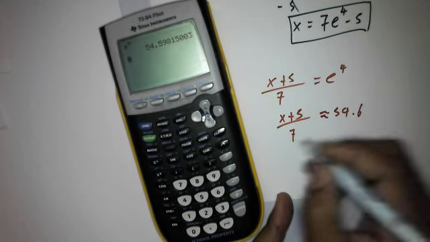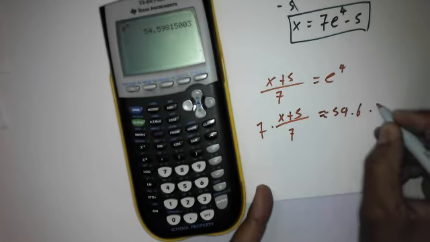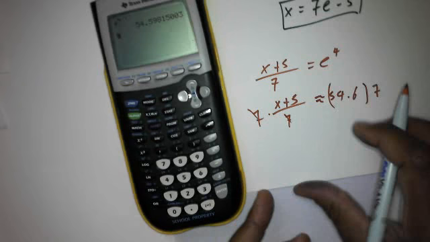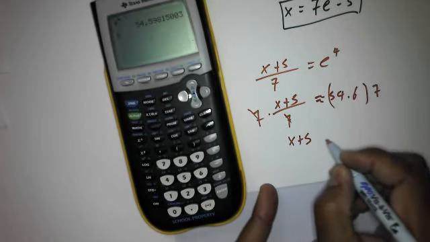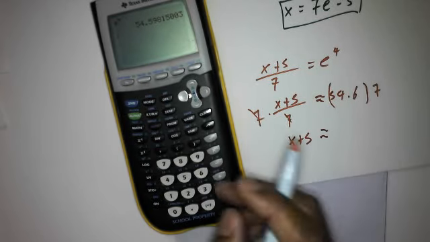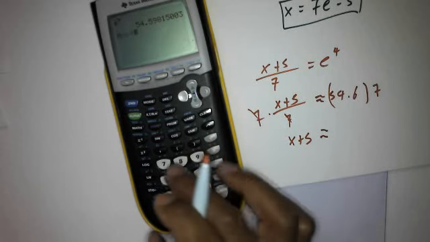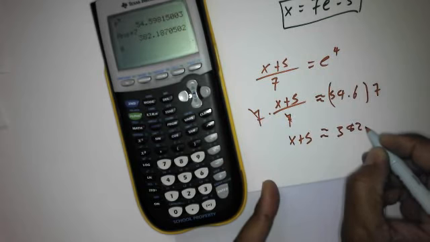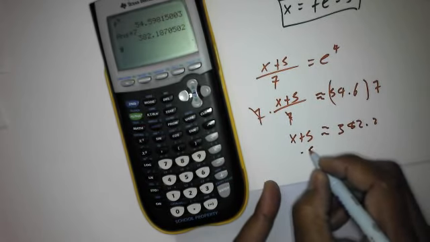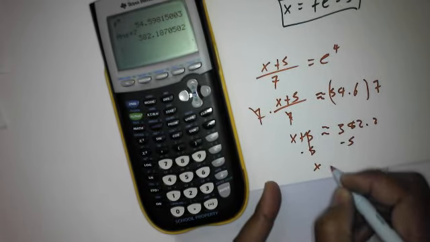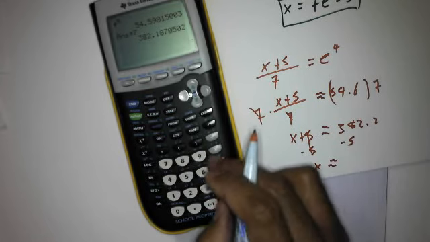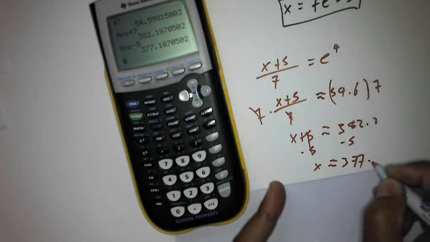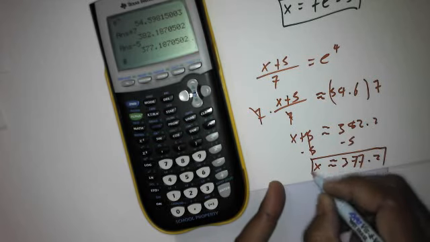Okay, and we will multiply both sides by 7, and that would cancel. So this would be x plus 5 is approximately, let's times that by 7, approximately 382.2. And if we subtract 5 from both sides, so x would be approximately 377.2, and that would be it.